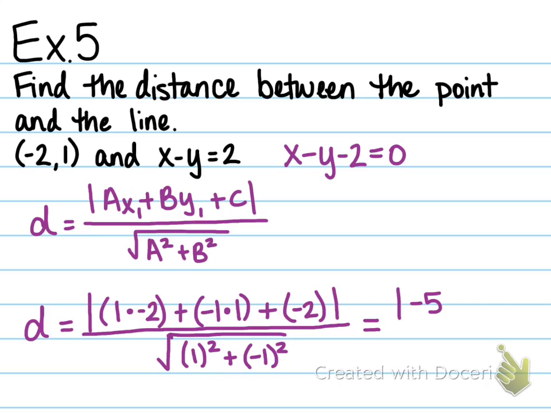On the top, this is going to be the absolute value of negative 5 over the square root of 2. So the distance equals 5 over the square root of 2.